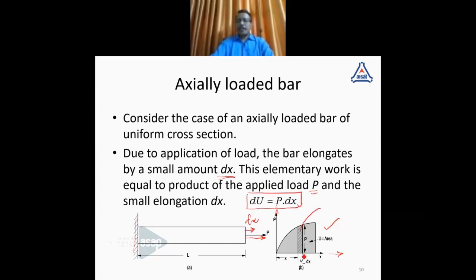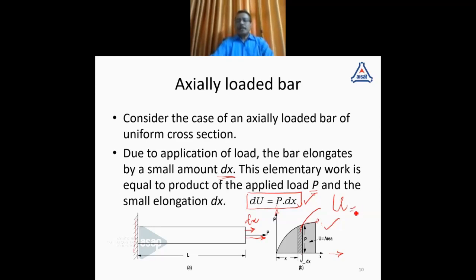If you take this dx as the width of a small elemental area and the height of that particular strip is taken as P, then that area can be approximated as P into dx. And the total energy involved in this case can be the total area under this curve. Starting from when the load is applied, it initially starts from 0 and reaches the maximum value of P. And during this time, the deformation occurs, so continuously it is varying.